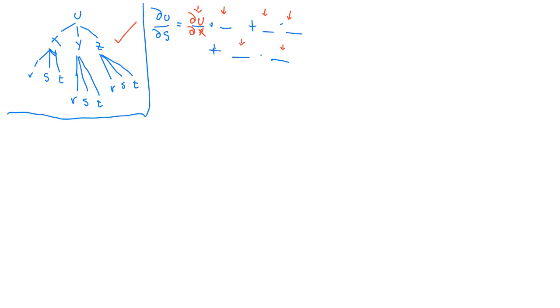But remember, the rate is how you change this with respect to s. So all of my 1, 2, 3 pieces of the chain have to be that rate. So I'm going to multiply the partial derivative of u with respect to x.